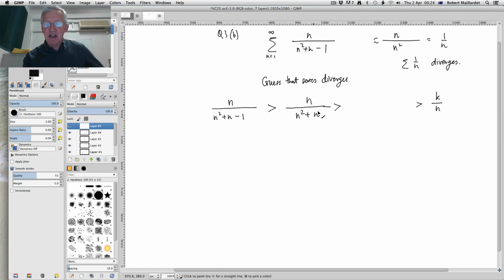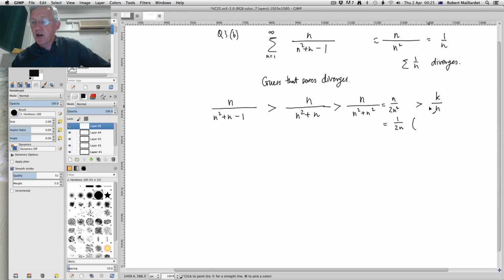Now, this n is getting in the way of me dividing the n and the n squared. And so this is really an algebraic trick. You've seen it before. But what I can do is I'll leave the top the same. Now, I need the bottom to get bigger, and I can make it bigger by replacing n by n squared. And the reason I do that is so that the whole thing will cancel nicely, because I can see now that this is really just equal to n over 2n squared, and that is equal to 1 over 2n.